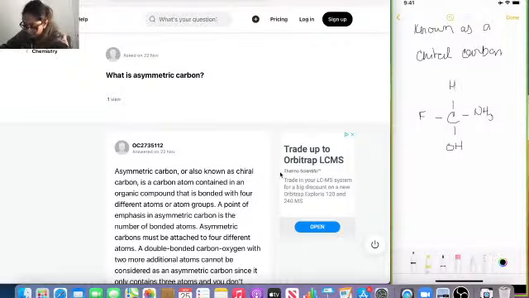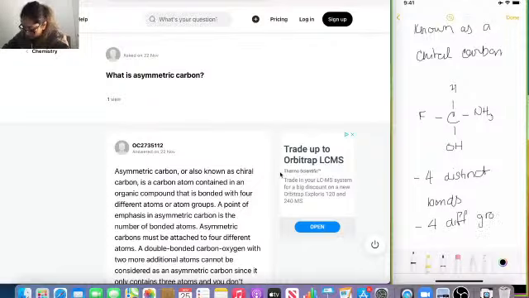In most cases there will be a hydrogen with a chiral carbon, and then we have 3 other groups. But a chiral carbon has 4 distinct bonds, or it has 4 different groups.